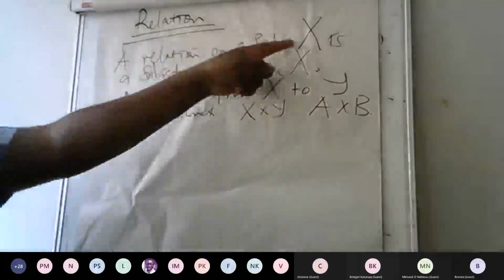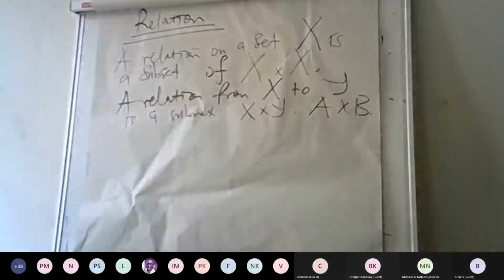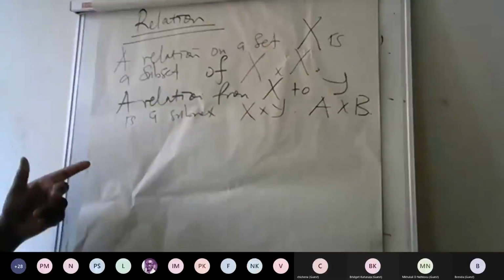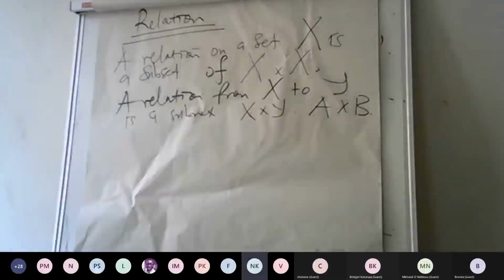Either if I've got one set, it's that set on itself, or if I have two different sets, it's a Cartesian product of those two sets. But this is a subset of the Cartesian product.